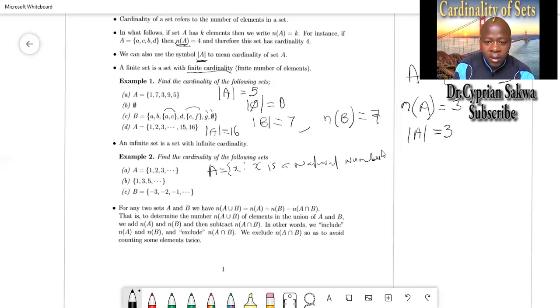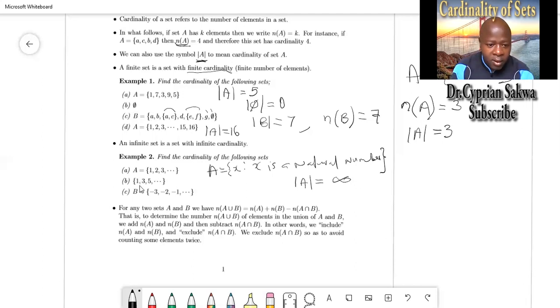So these are natural numbers: 1, 2, 3, and so on. So our question was, what is the cardinality of this set A? And we are saying that the cardinality of this set A is infinite. It is infinity.